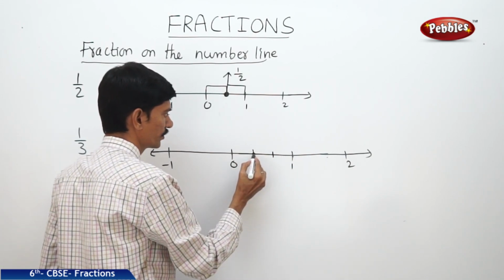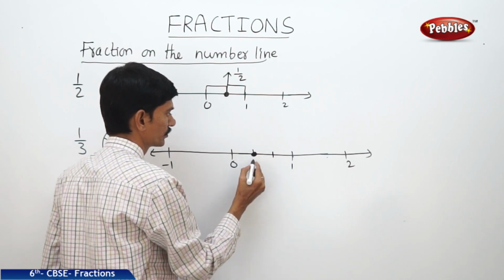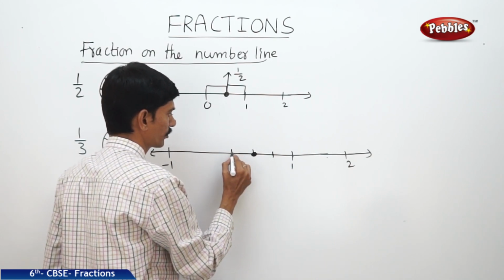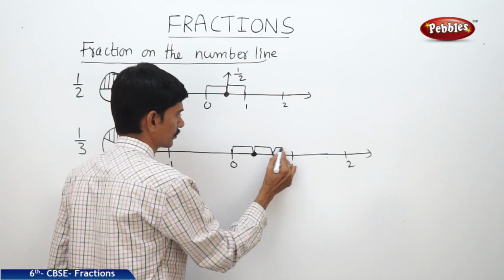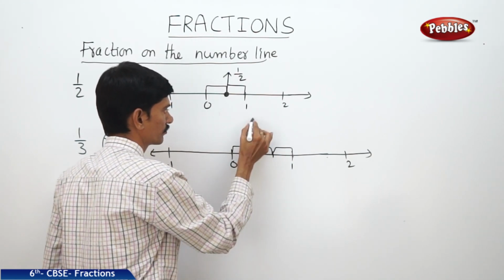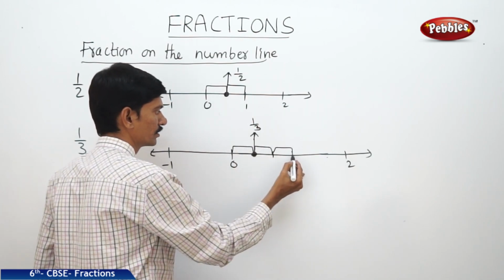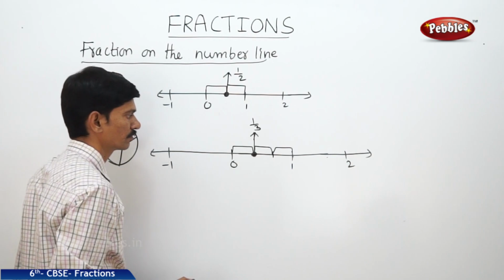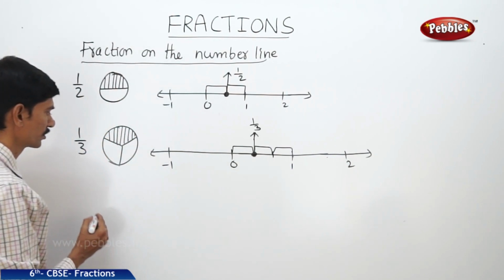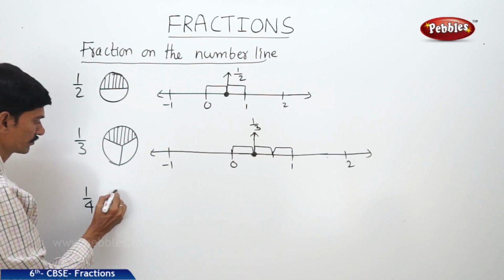Now this first part is 1/3. So there are 3 equal parts. Now this dot represents 1/3, and this next one is 2/3 and it is 3/3, so that is 1. Next 1/4.